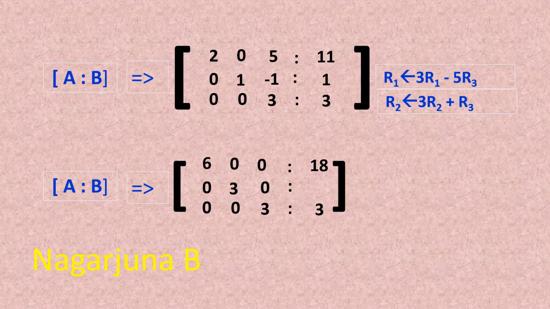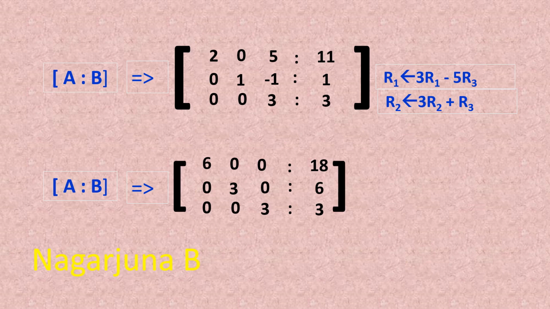Next, the fourth element of R2 is 1. 3 into 1 is 3, plus the fourth element of R3, which is 3. So 3 plus 3 is 6. So we have got a diagonal matrix for A. Right? In the augmented matrix, you can observe the coefficients of the equations. There is a matrix A. Now it is diagonal.